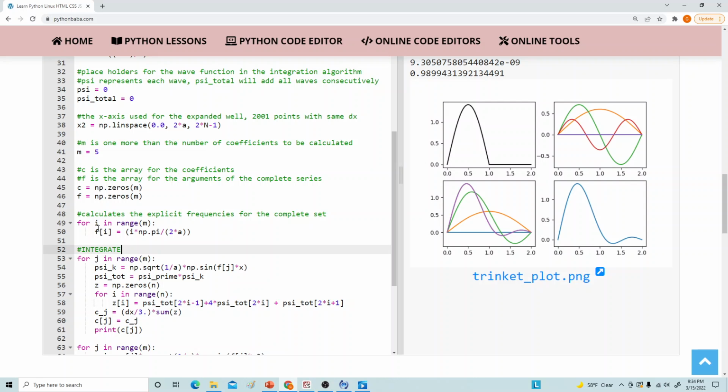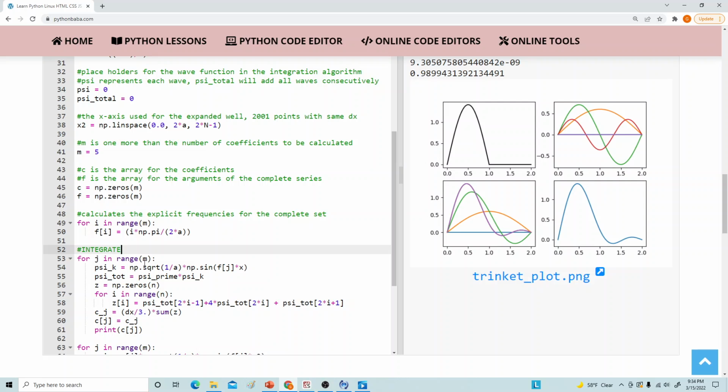So up here we used I for our index. We could have used I here. It doesn't matter. I chose J. But again, so we're still going over range M. So we're going to calculate each coefficient in our C array over the number of M times.